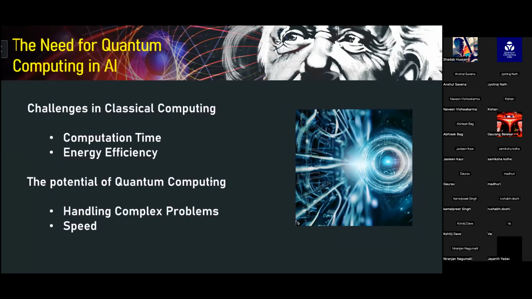Yes. Okay. So when we talk about quantum computing and classical computing, the challenges that we are facing in classical computing are the computation time and the energy efficiency. So let me define what is the computation time.